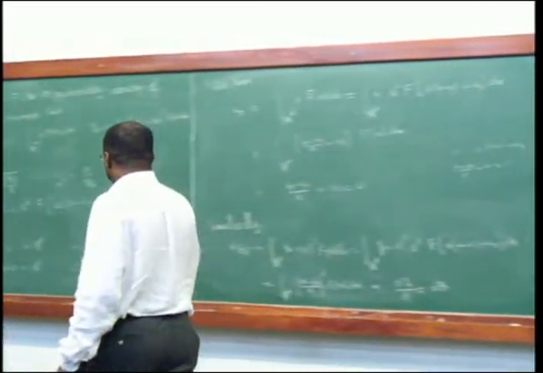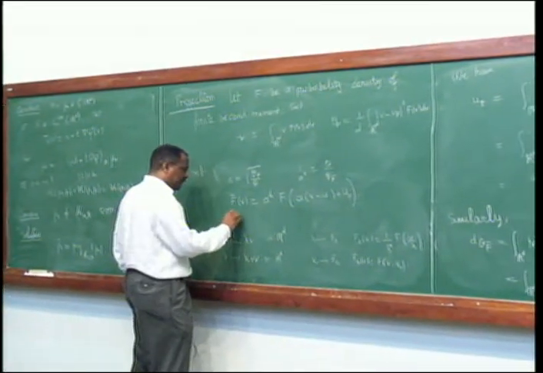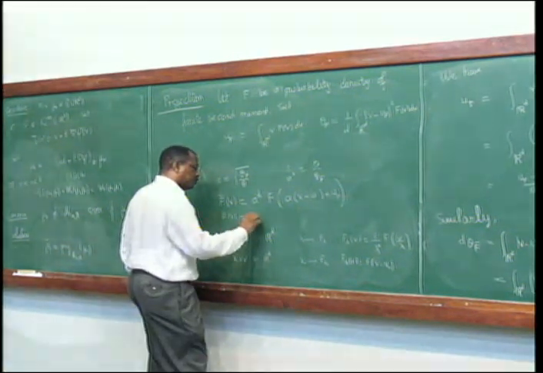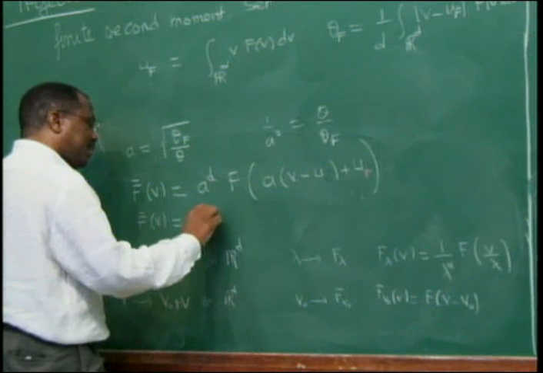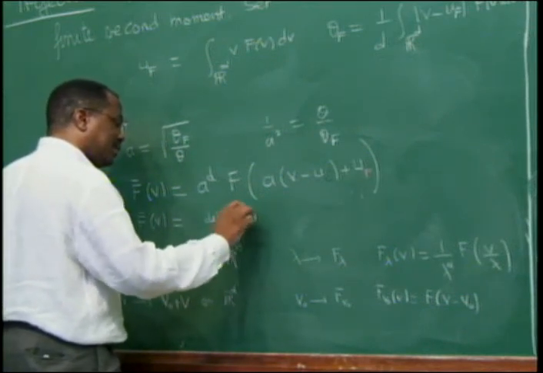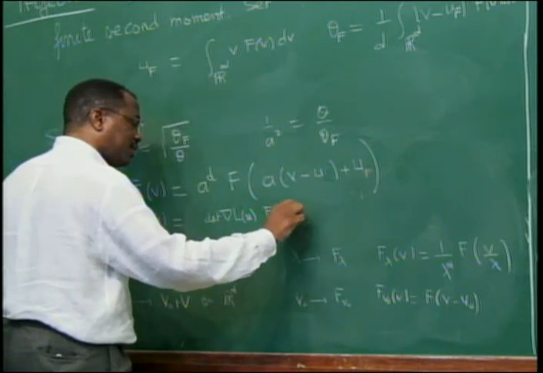Now, let's read what this is saying. This is saying f̄ of v equal to the determinant of the gradient of L of v, f of L of v.